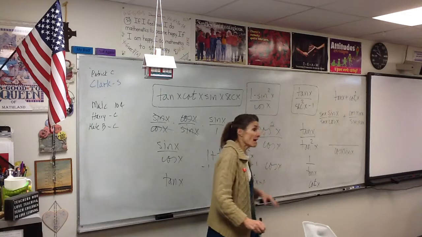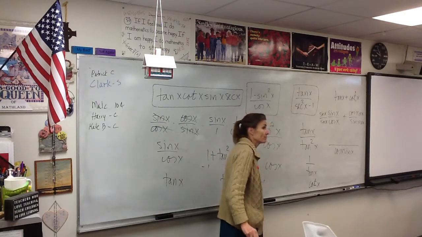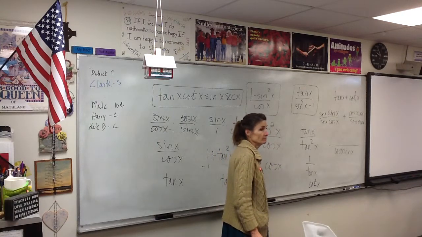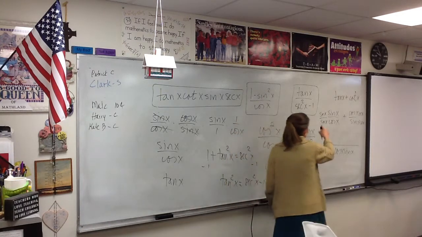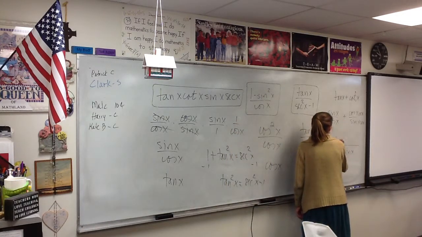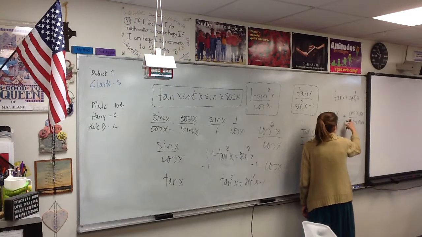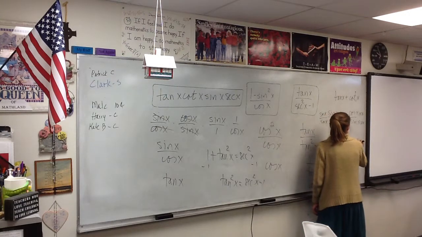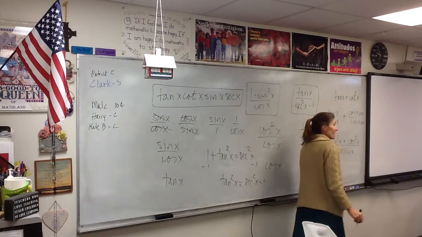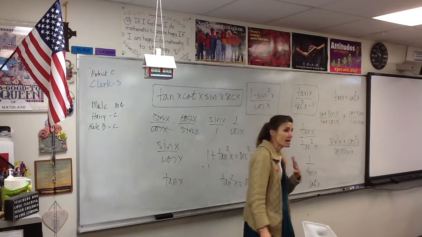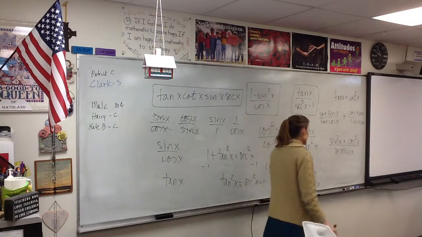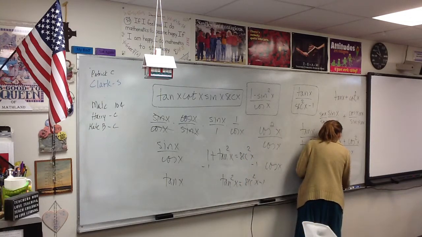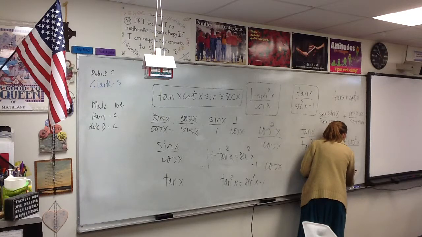Now, do they both have the same denominator? Yes. What's the numerator then? Sine squared plus cosine squared. Oh, your little Valentine heart should be pounding away. What's sine squared plus cosine squared? 1. So you have 1 over cosine sine.